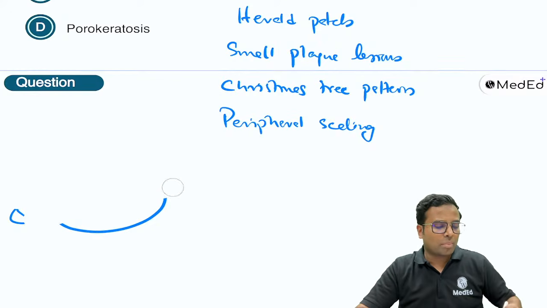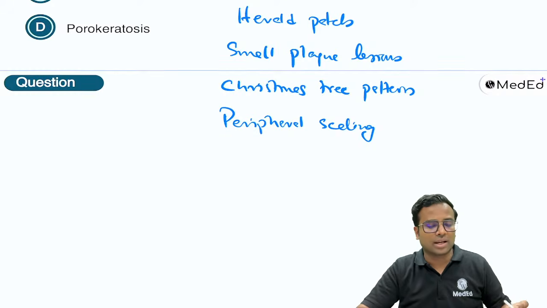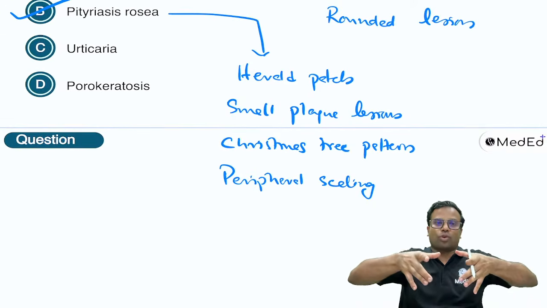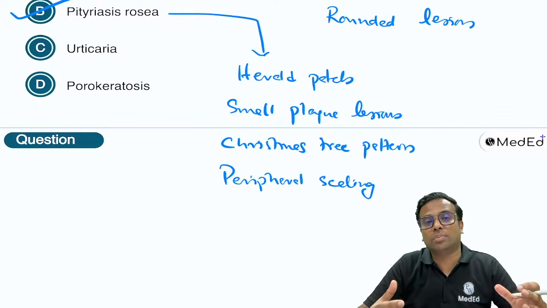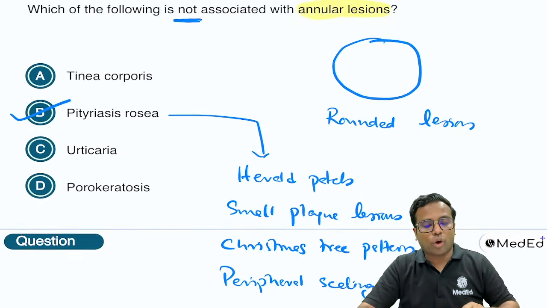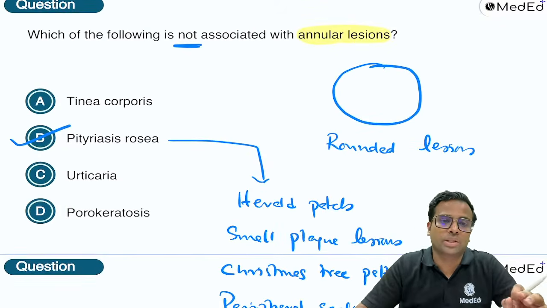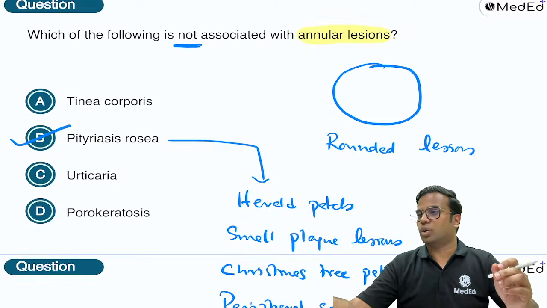But what happens in the other options, like in urticaria, the lesions coalesce to form annular lesions. Porokeratosis, the patient will have multiple patch lesions in the body, which are also annular in shape. Out of all the options here, the best option should be Pityriasis rosea.